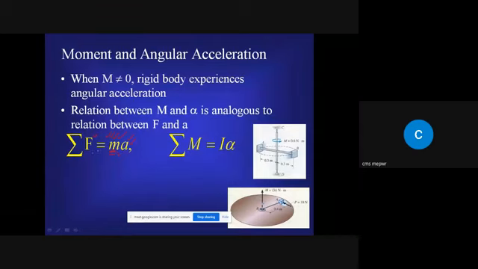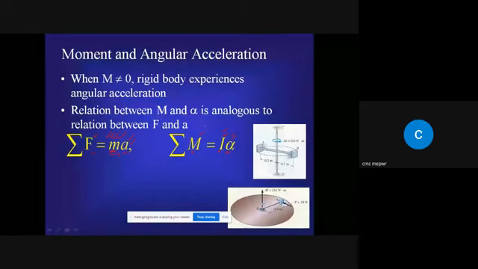Now over here, this is the moment, this is the angular acceleration, and this is the mass moment of inertia. This basically provides resistance to that angular acceleration. So if the mass moment of inertia is higher, this means less angular acceleration will be produced as the result of the applied moment.